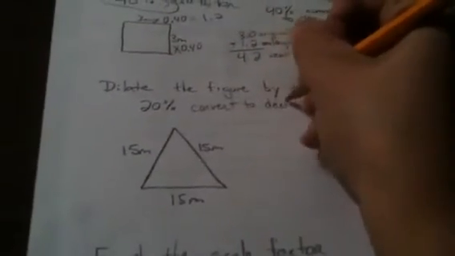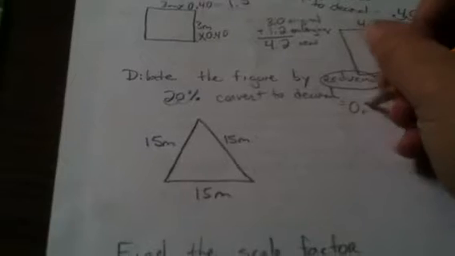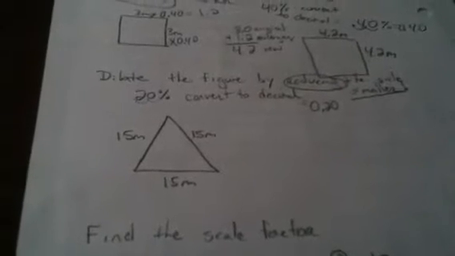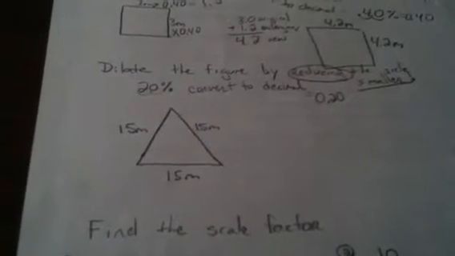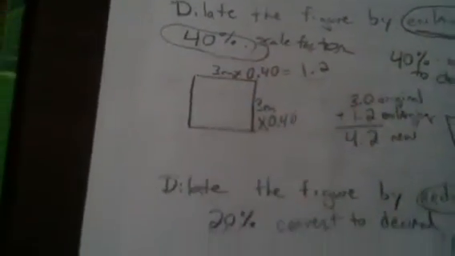We get 0.20. That's how much we're reducing it. So after we converted to a decimal, what did we do up here? Well, after we converted it to a decimal, we multiplied it by the original.